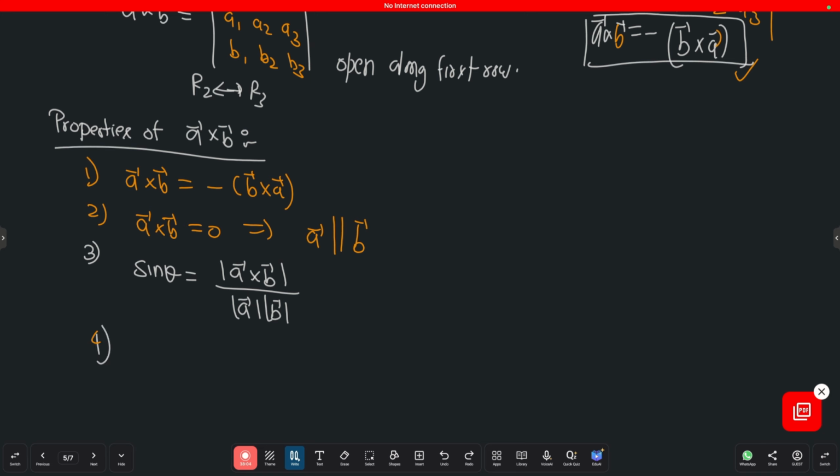If A vector is given, B vector is given, now my question is find a vector which is perpendicular to A and B both. Then what will you do?